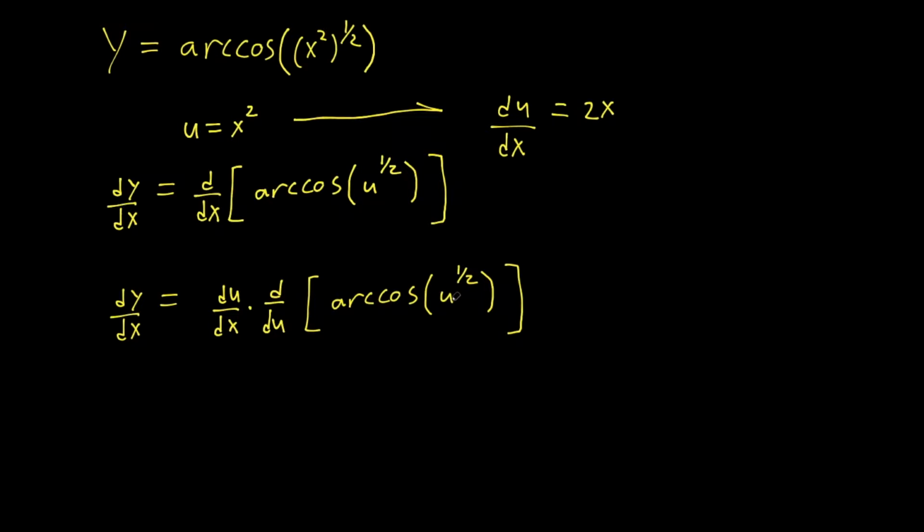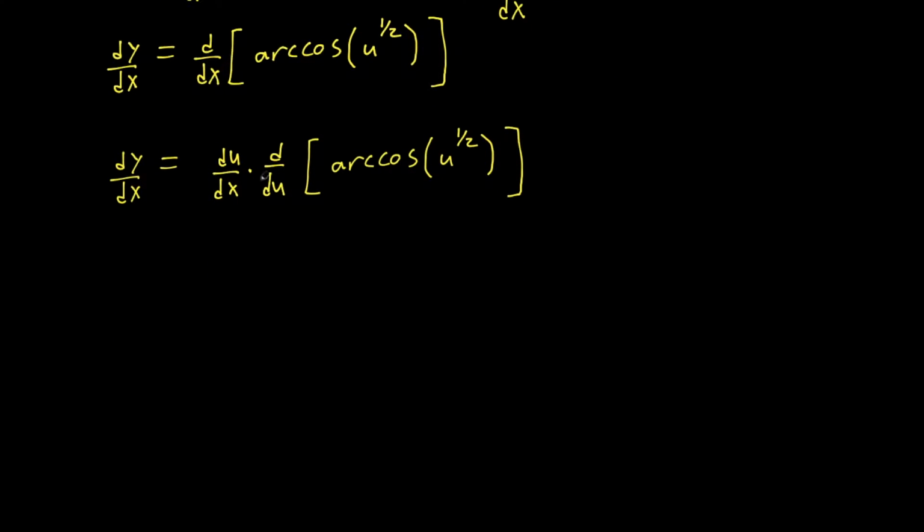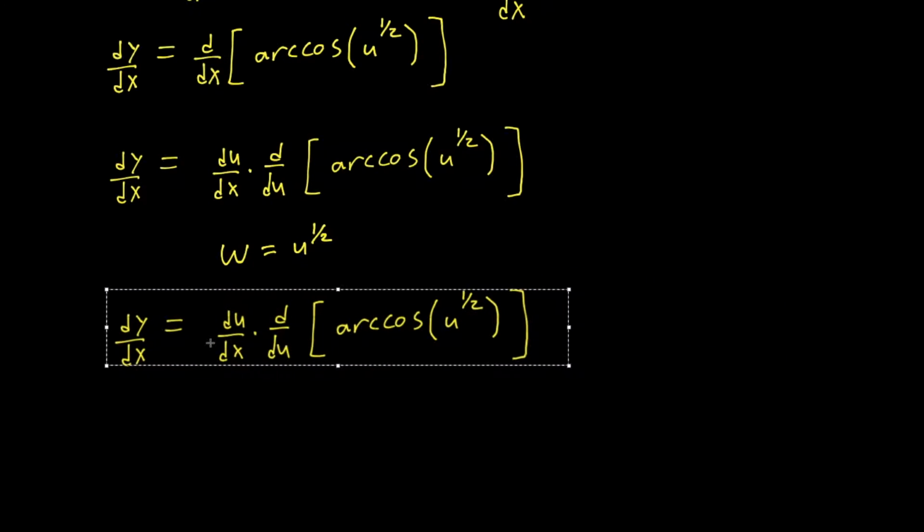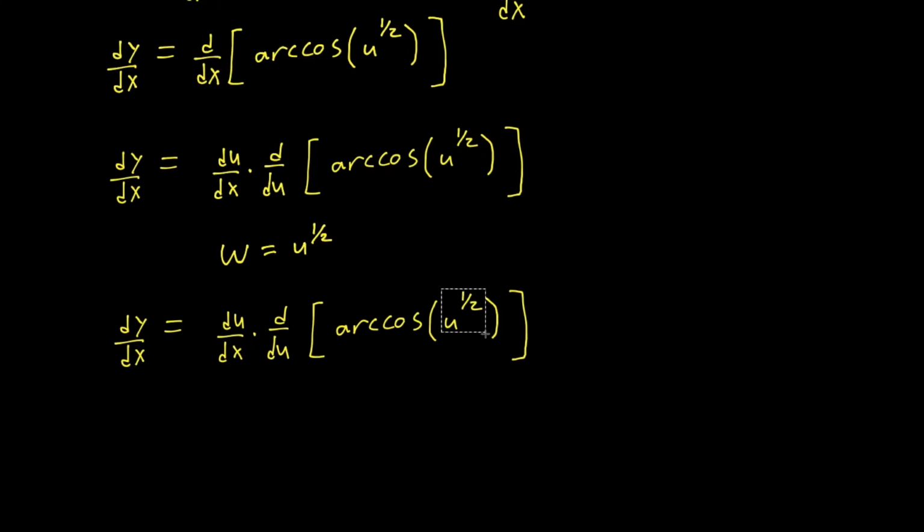But we still have u to the 1/2, which is nested within arc cosine function. So we're going to use another substitution, and this time let's use w. So w equals u to the 1/2. And all we did is replace u to the 1/2 with w.